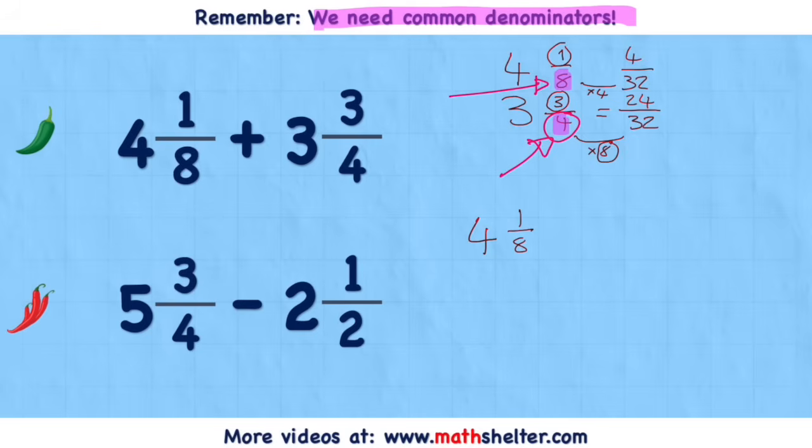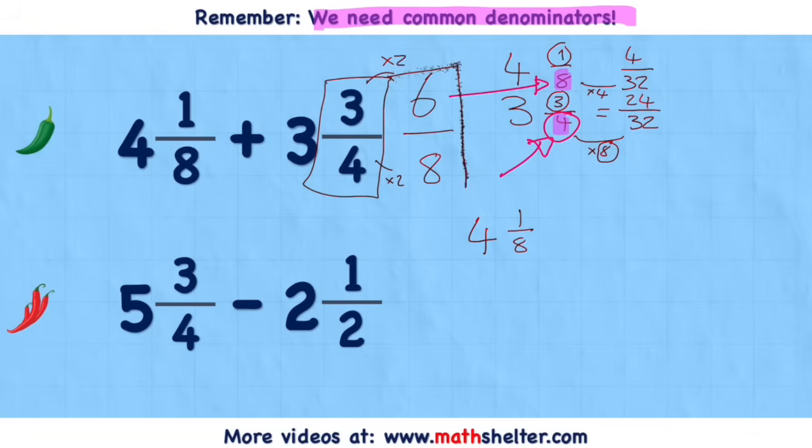And then instead of 3 3/4, I could just get myself from 4 to 8 by multiplying by 2, which gives me an 8. Whatever I do to the denominator, I need to do to the numerator. 3 times 2 is 6. So my new fraction could be 6/8. So I'd have 4 1/8 added to 3 6/8. Makes it look a little bit easier than having these big numbers.